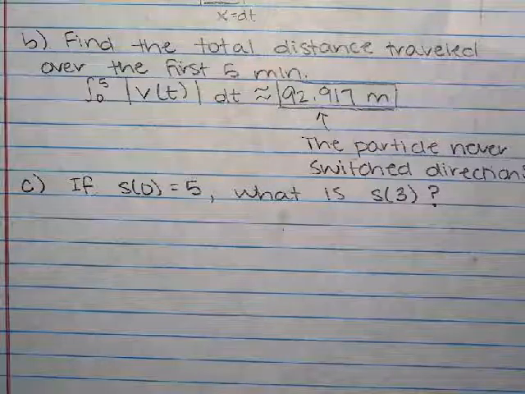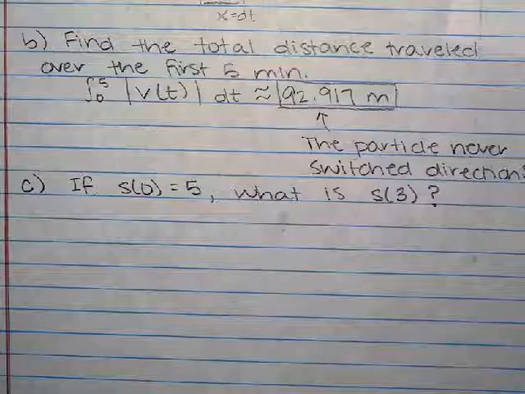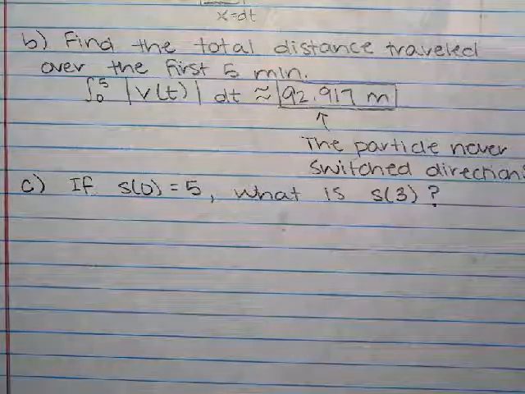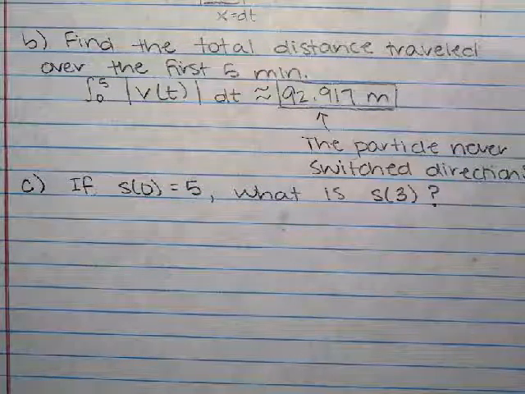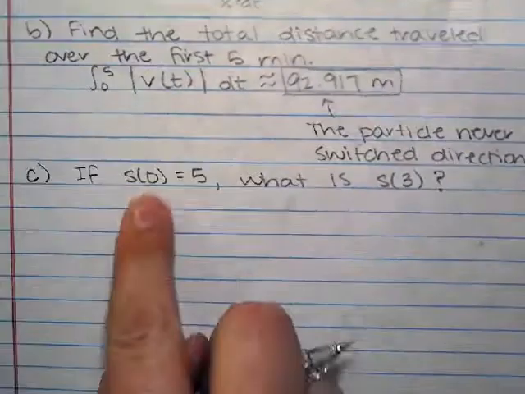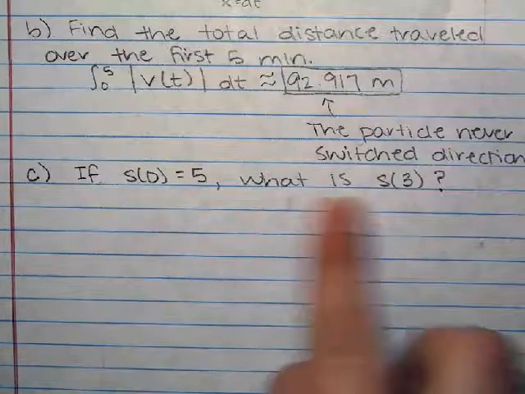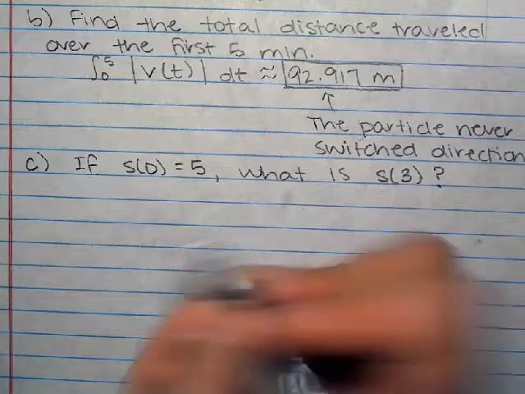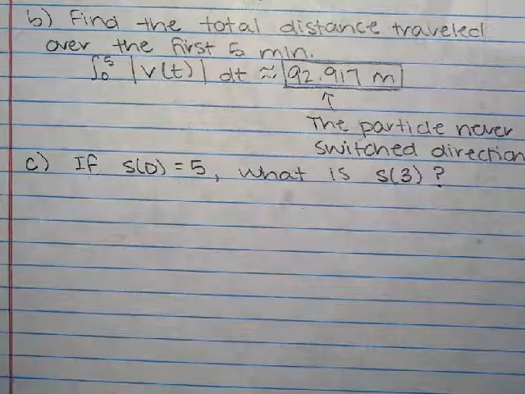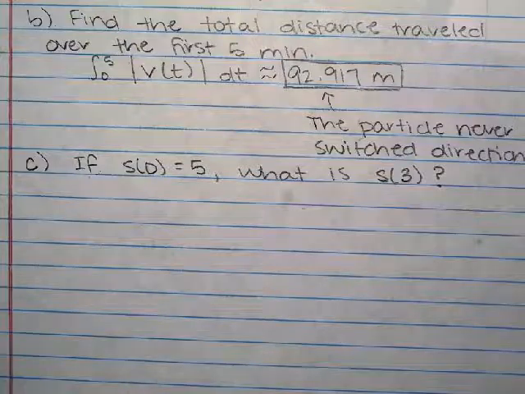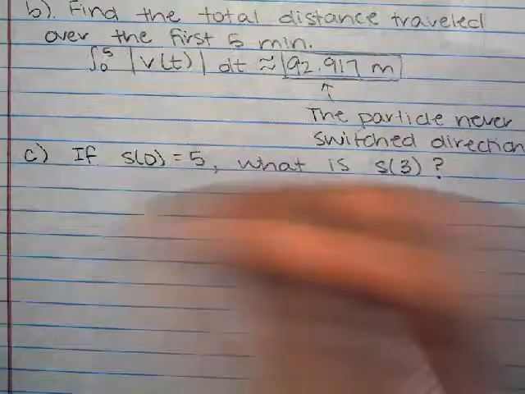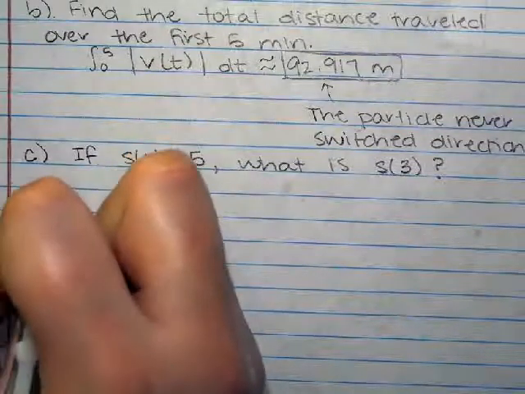It's very easy to misunderstand it and not be able to do it in the future and miss out on easy points. Okay, so if they give you an initial value and then they ask you to evaluate for some number, I'm going to show you the long way of how it works, and I'm going to show you the shorthand way. So we're going to divide our paper in half.